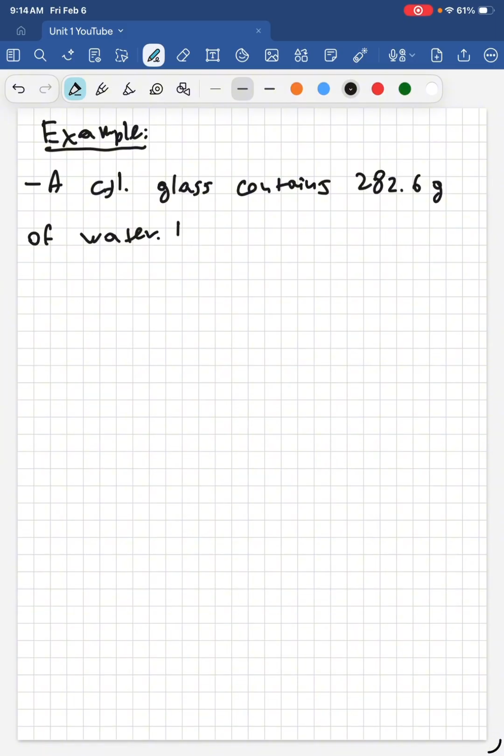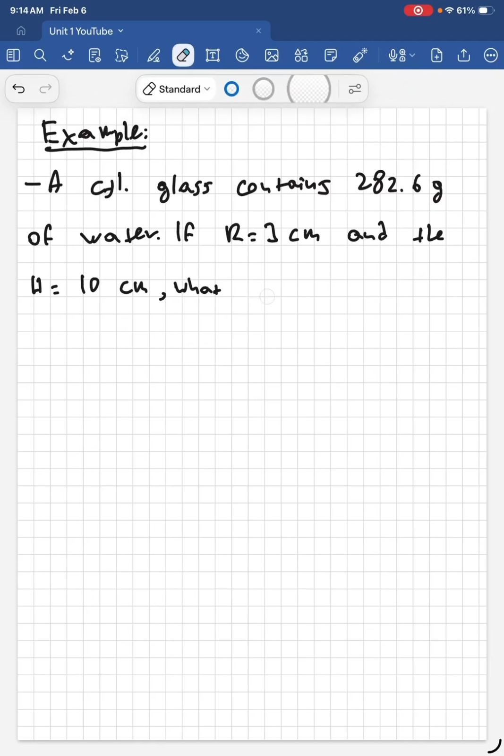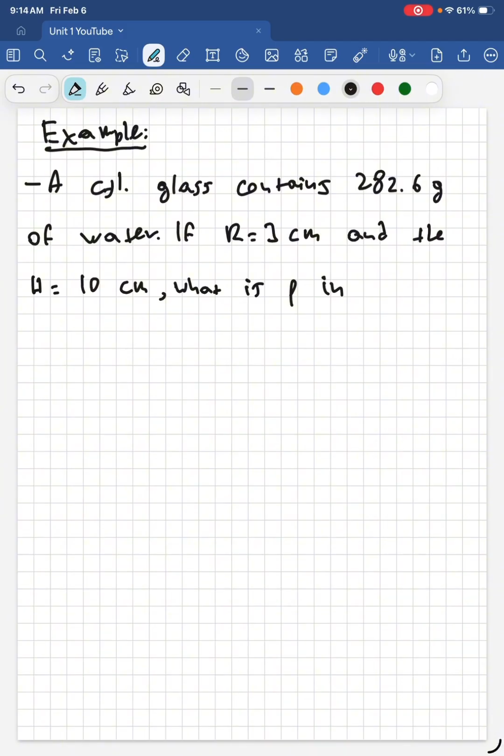If r for the cylinder is 3 centimeters and the height is 10 centimeters, what is the density of water in kilograms per cubic meters? And here we assume that the water fills all the glass.